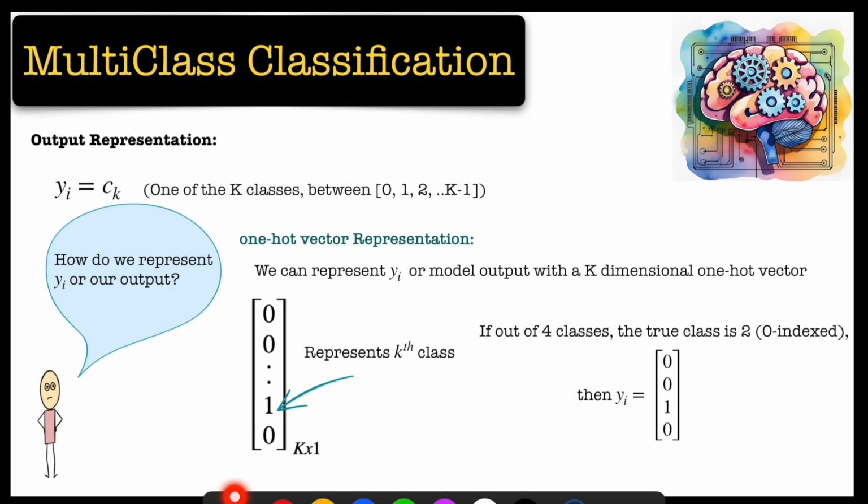Wherever we have 1, that will represent our class. So let's say out of 4 classes, 0, 1, 2, 3, the true class is 2, then it will be 1 at position 2. That's how we'll represent our output class.